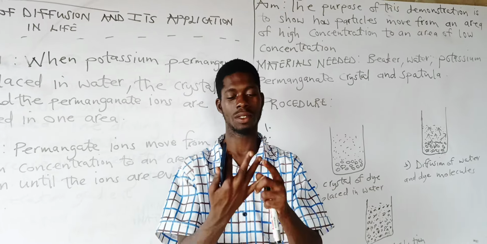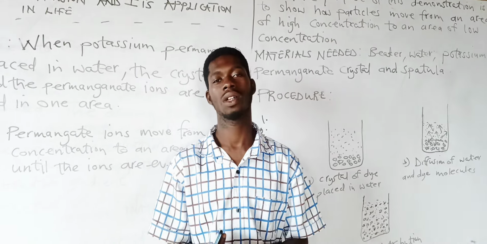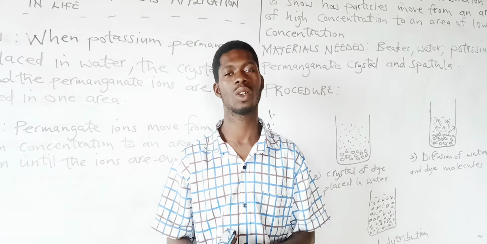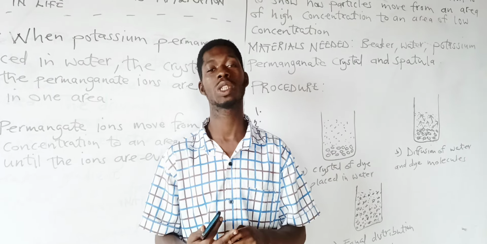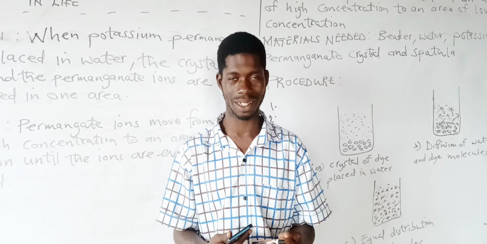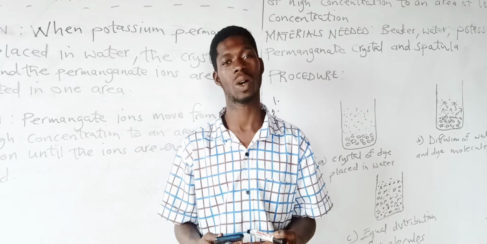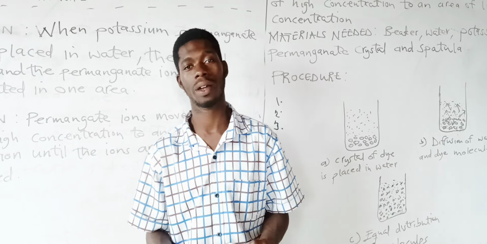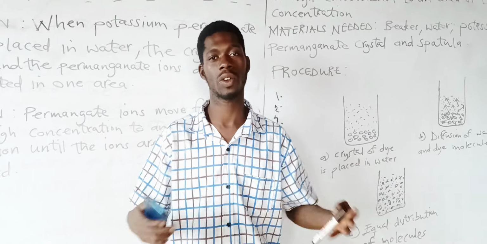Second, you put your potassium permanganate crystal, or the salt, or the cube sugar that you're going to use for the experiment inside the beaker which contains the water. Then the third one, observe what will happen. This is not going to cost you anything, so you can try this experiment at your various houses.